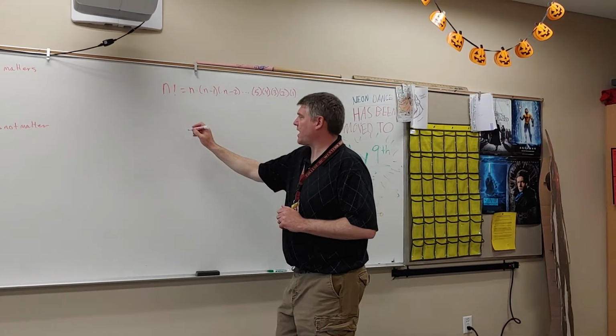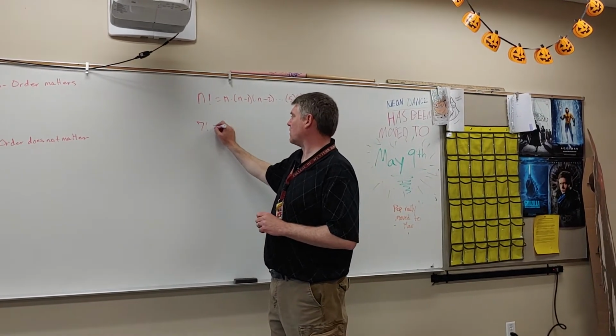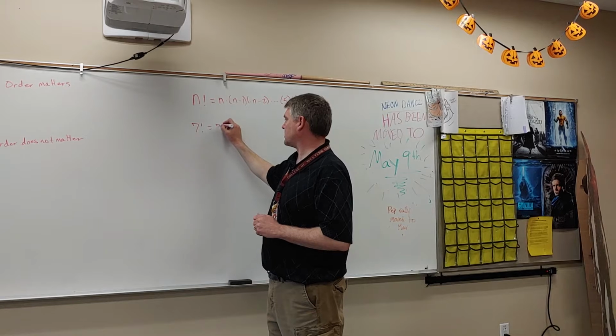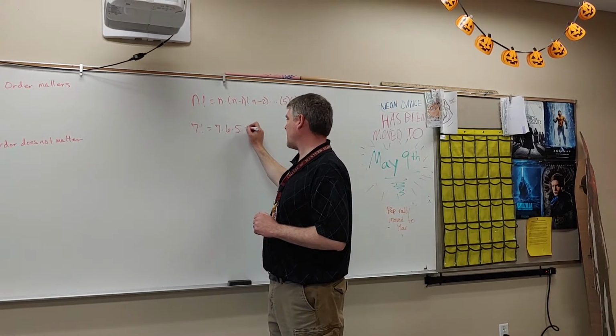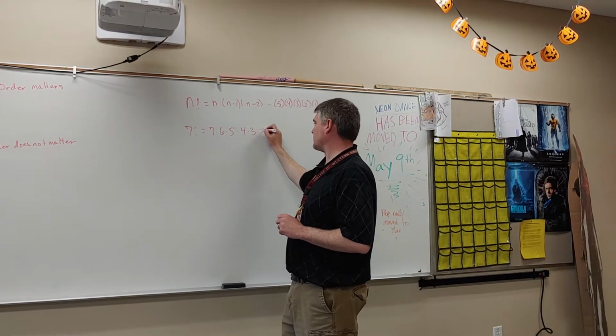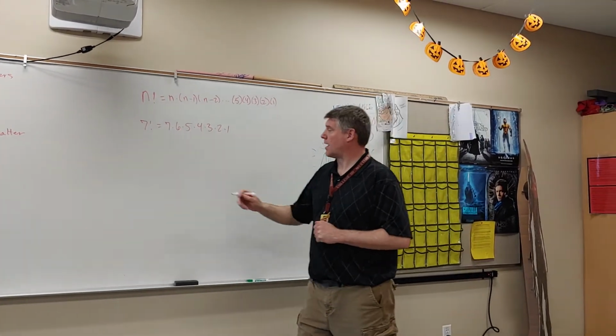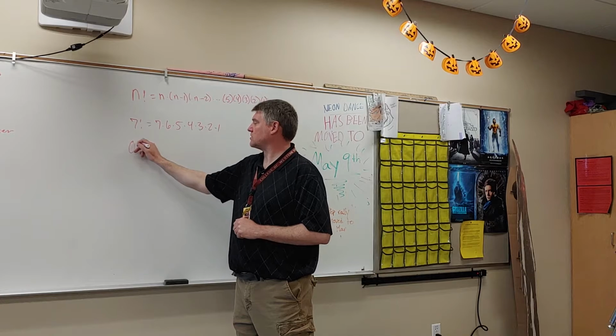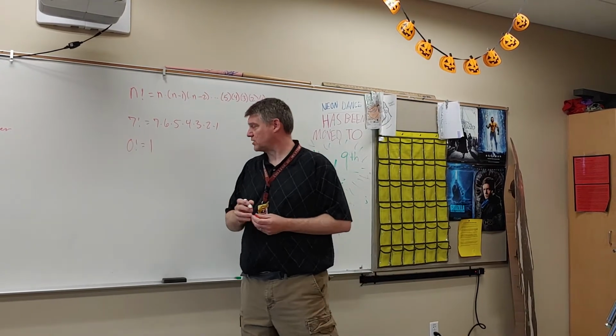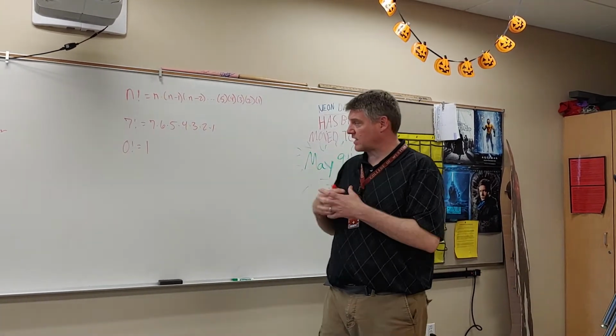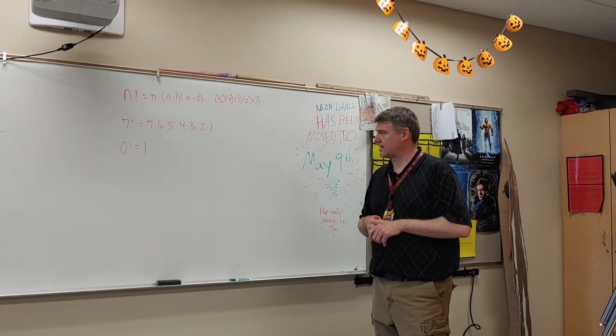If I have 7 factorial, I would go 7 times 6 times 5 times 4 times 3 times 2 times 1, and multiply these all out. Just so you know, 0 factorial by definition is 1. That's very important that we understand.